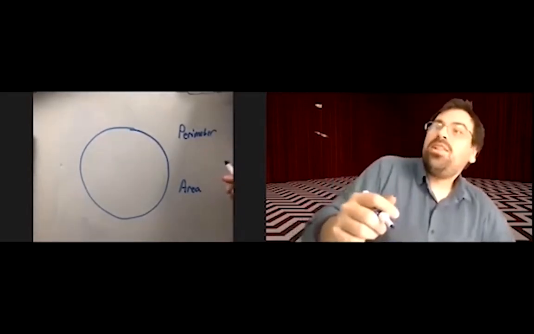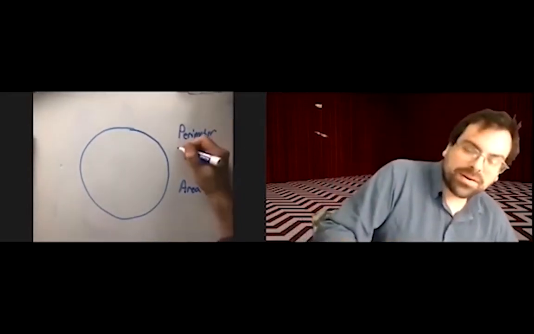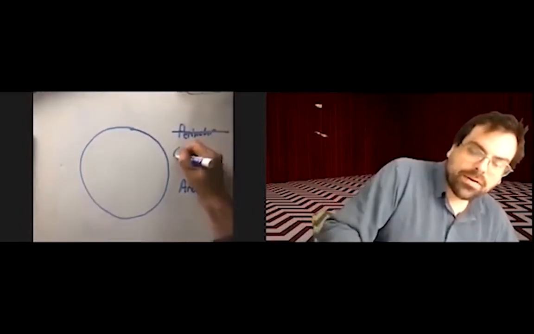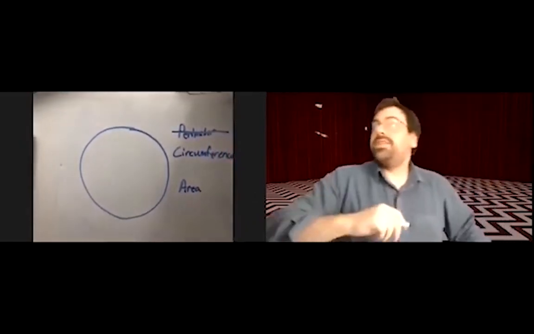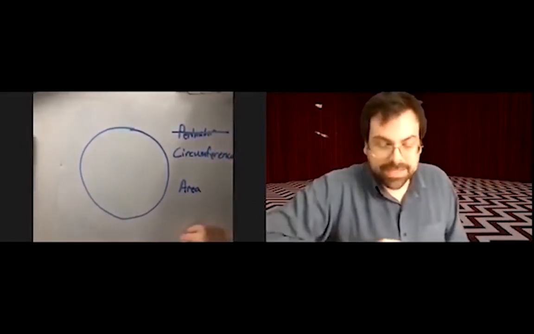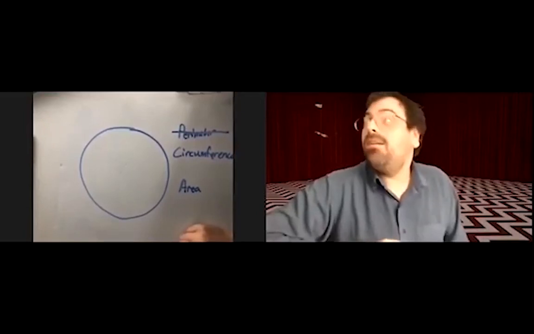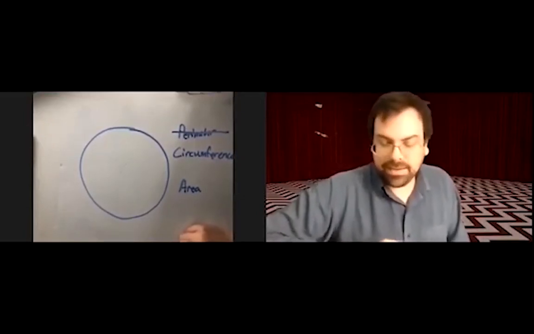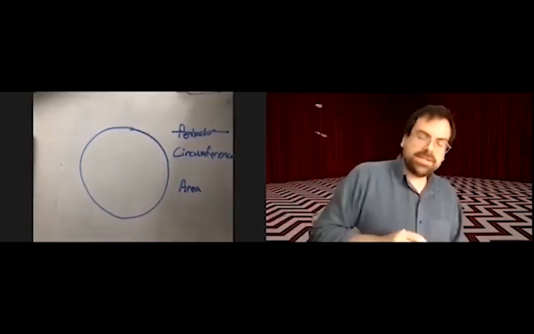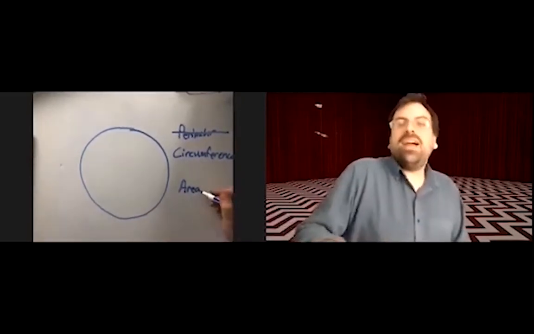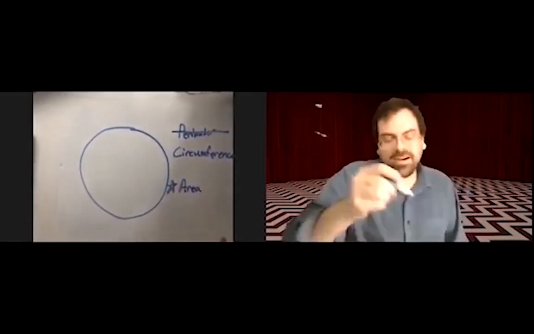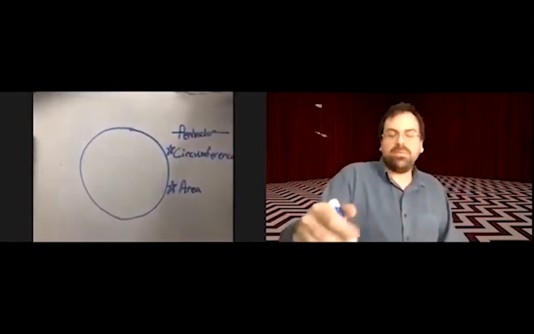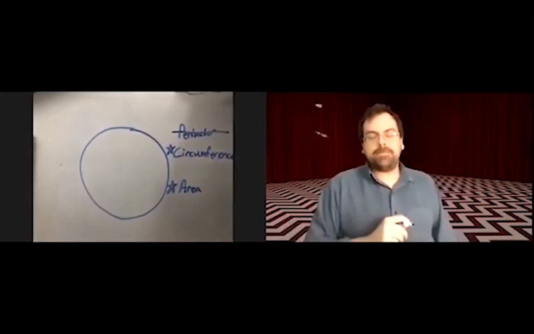We call the perimeter the circumference. We call it the circumference. And we call the area the area. Area is still area, but for a circle, the perimeter is actually the circumference.